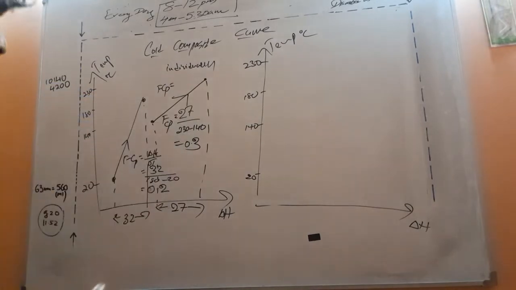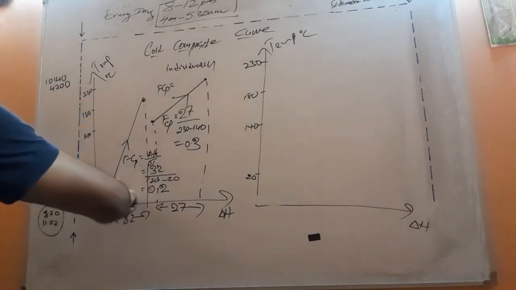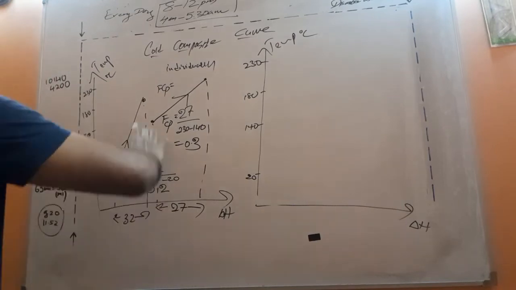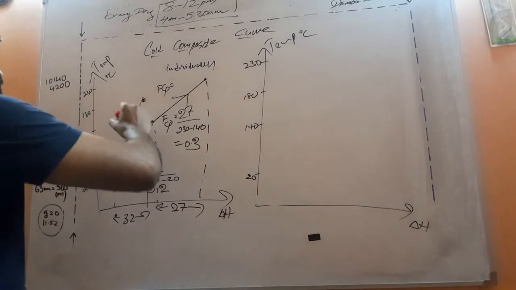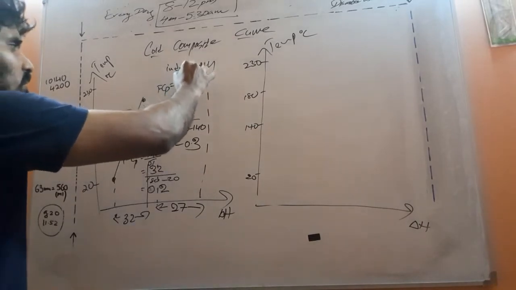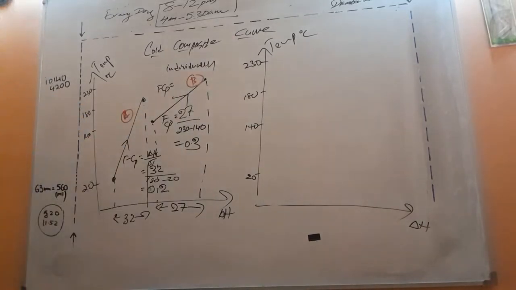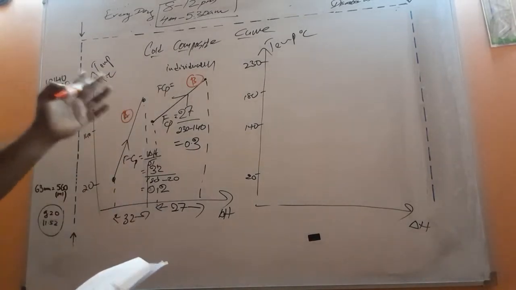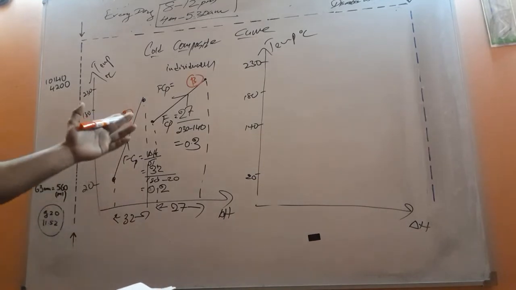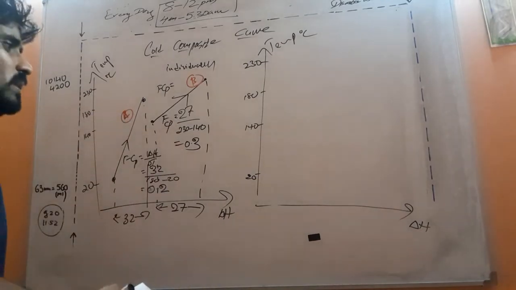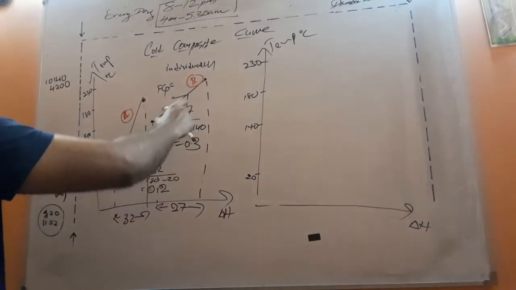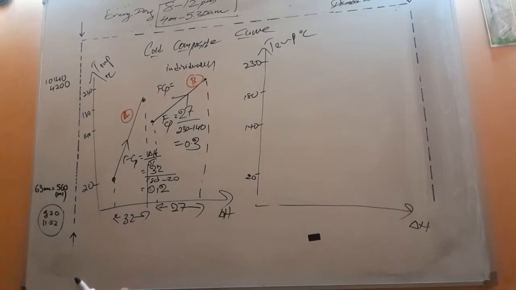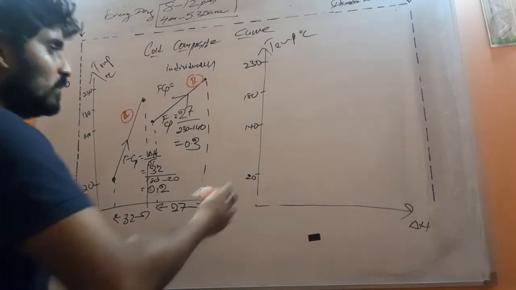So when you are going to sketch the relationship between 20 to 140, the only curve that you can use is this curve. Let's give numbers: curve number A, curve number B. If you want to define the motion for the cold composite curve from 20 to 140, the only curve you can use is curve A, because this curve cannot be used to define that range, right? Okay, so 20 to 140.